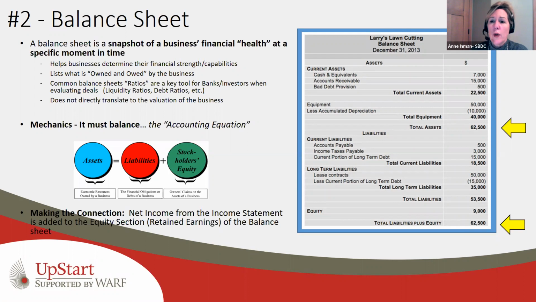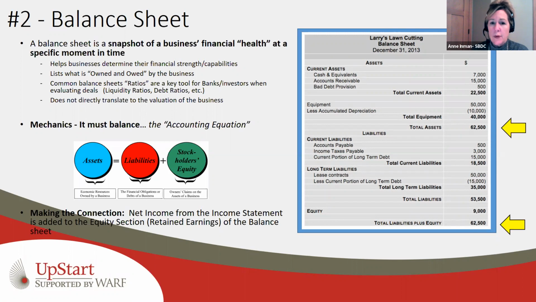You may hear the expression ratio analysis. That's something that a bank or an investor may look at. So some key ratios when they want to evaluate the health of your business relative to others in the industry. So for example, if you're going in for a loan, they may look at the debt that you already have on your balance sheet, just so they can determine your ability to take on future debt.